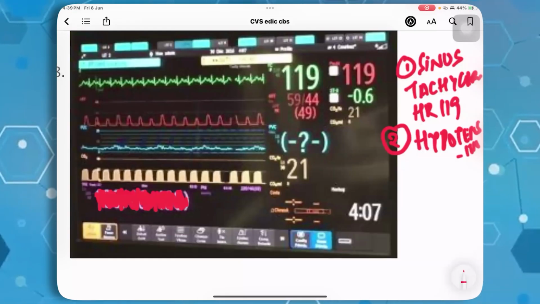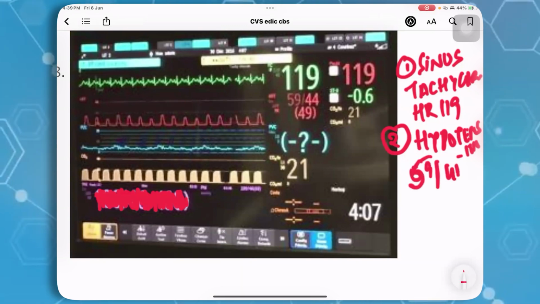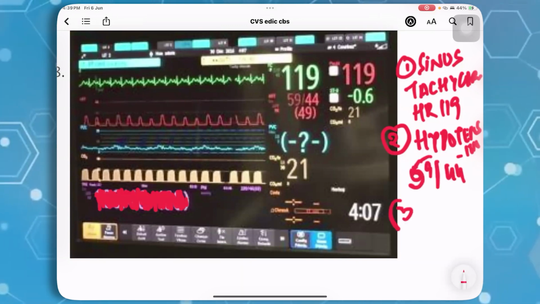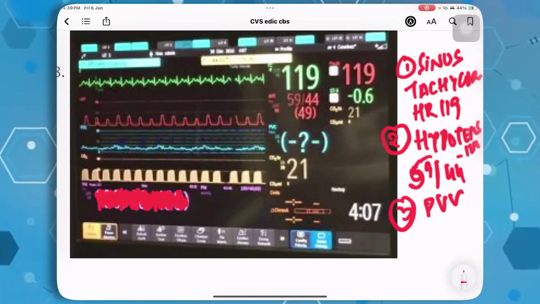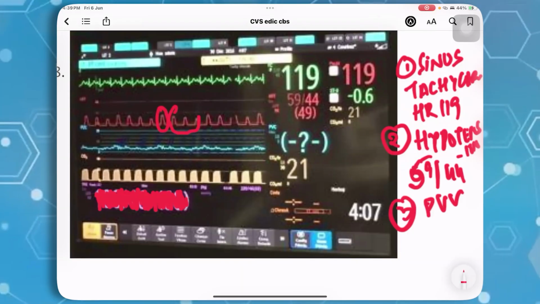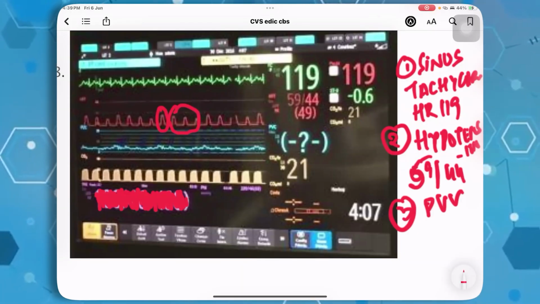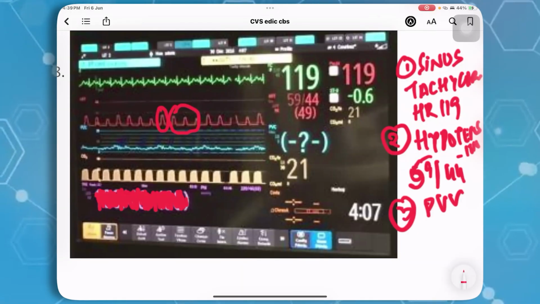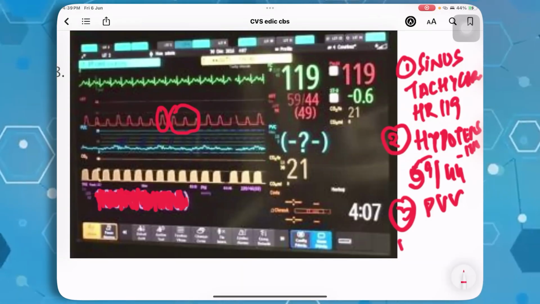The blood pressure is 59/44. And yes, you see a pulse volume variation. You see that one pulse is like this, the others are like this. So you call this pulsus alternans, or there is a variable pulse. What do you comment about saturation? How much is the saturation?